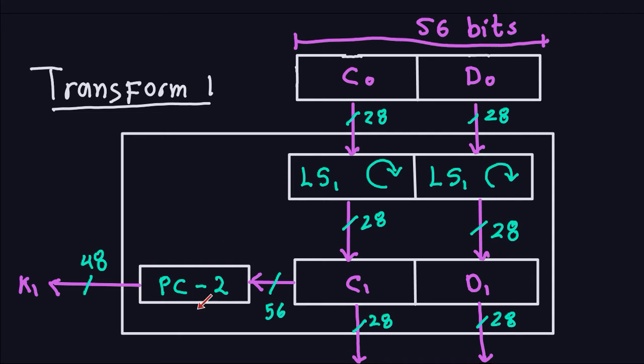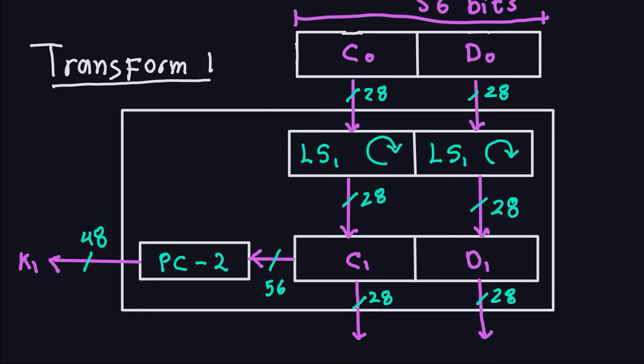That permutation is gonna ignore 8 bits, but it does so through a permutation. As you can imagine, this is also gonna be a table that tells us how to transform this 56 bits into 48 bits. And that's how the first subkey is going to come out of this transform.